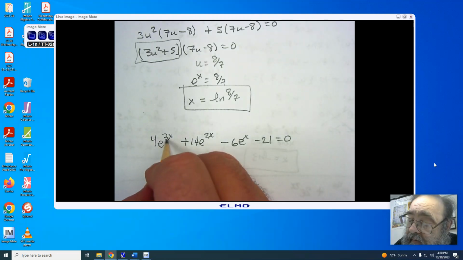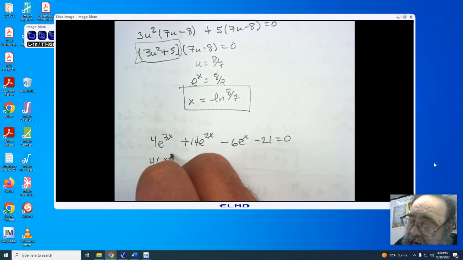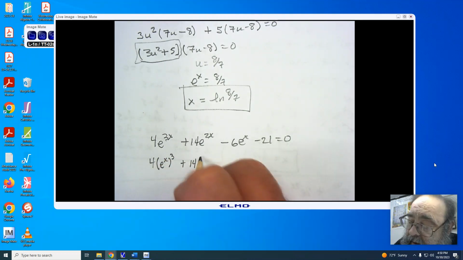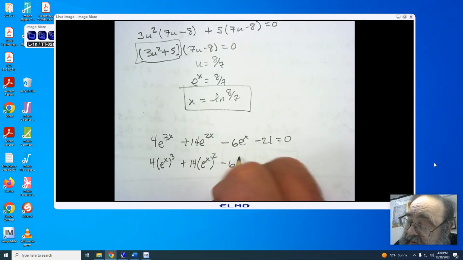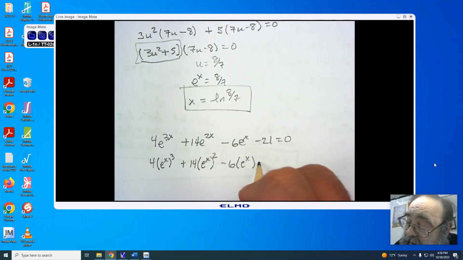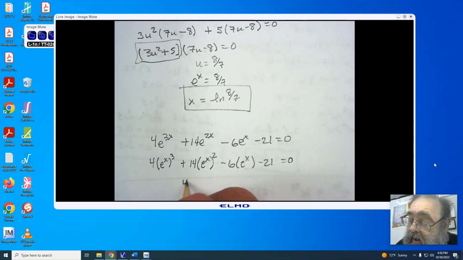Start by breaking off the cube so that it is 4(e^x)³ + 14(e^x)² − 6e^x − 21 = 0. Let u = e^x so that you get a more simplistic equation: 4u³ + 14u² − 6u − 21 = 0.